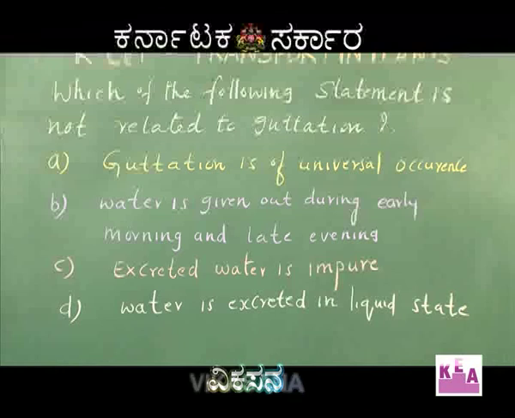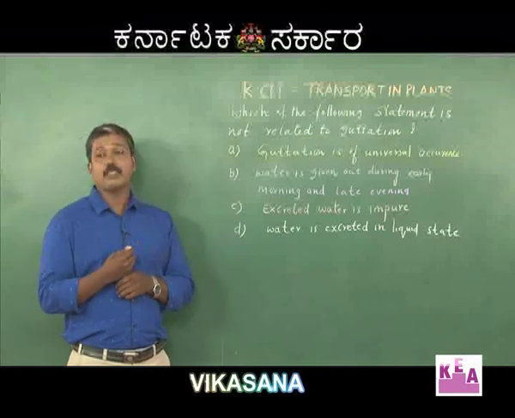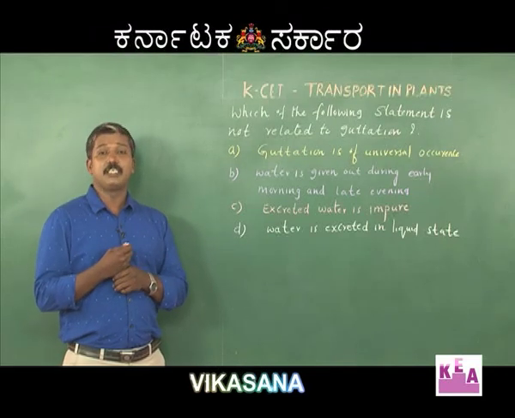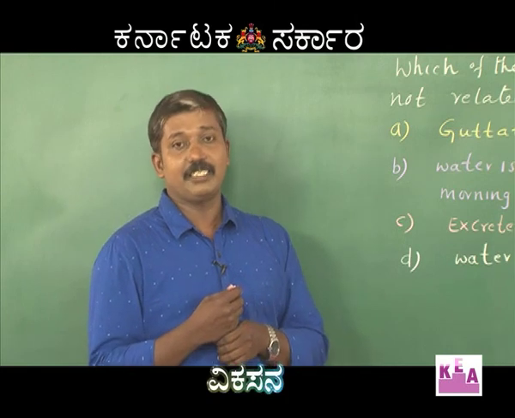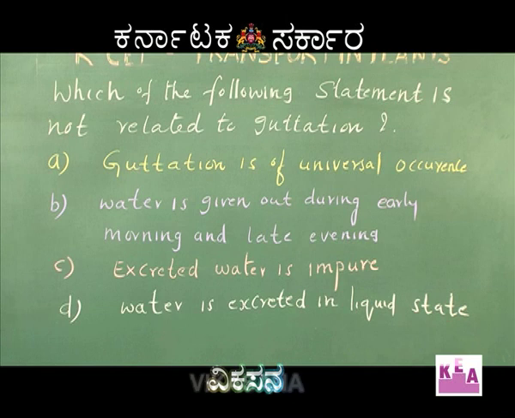So we all know that guttation occurs only in herbaceous plants when the rate of transpiration is low and humidity is high. So water is given out during early morning and late evening. In early morning and late evening, transpiration rate is less and humidity is slightly higher. Hence guttation occurs. Hence the option is correct.